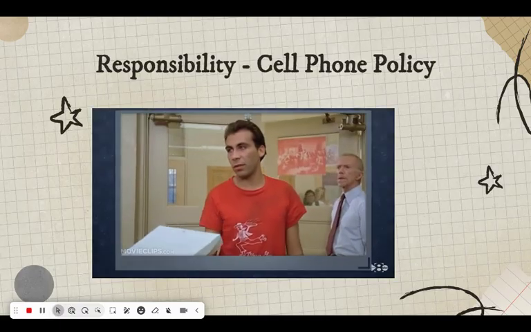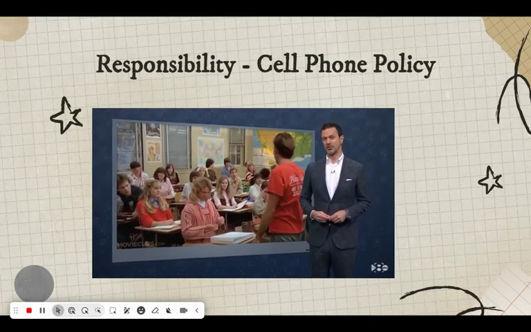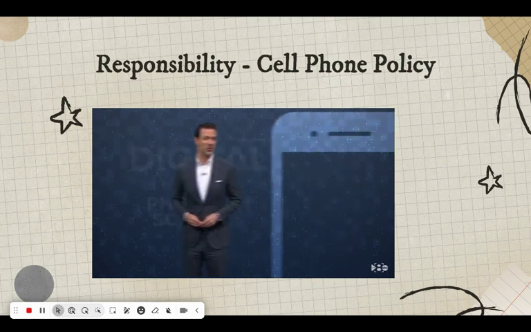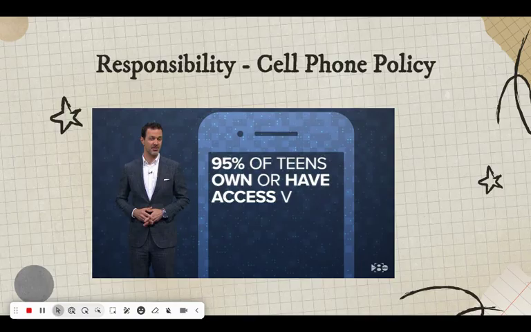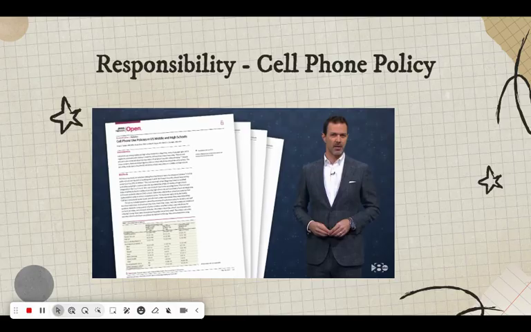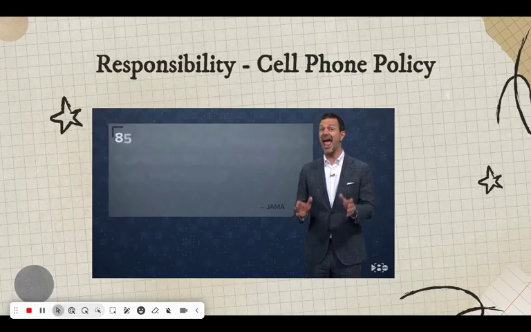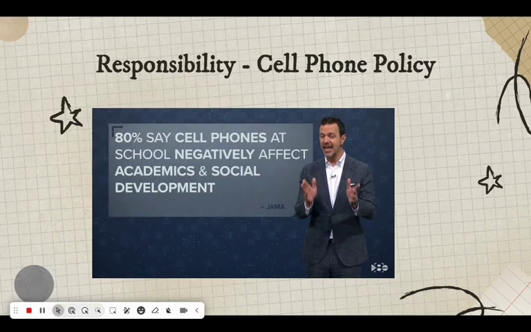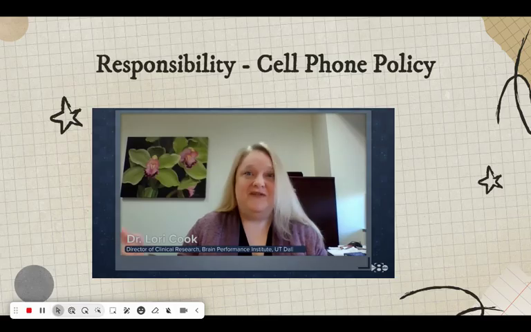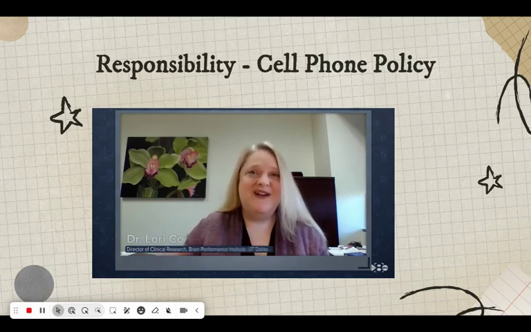Order the double cheese and sausage. Right here, dude. Ridgemont High's Mr. Hand wasn't the first teacher to deal with distractions, except today, Jeff Spicoli's not the only one losing focus. In fact, a Pew Research survey shows 95% of teens own or have access to a smartphone. Contrast that with a study in the Journal of the American Medical Association. 90% of school principals support restrictions on cell phone use. 80% say cell phones at school have negative effects on academics and social development. Even if we're not consciously thinking about our phone while it's there, at some level our brain is essentially having to work not to think about it.